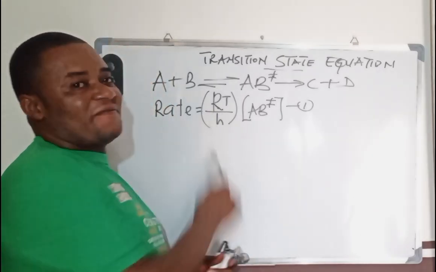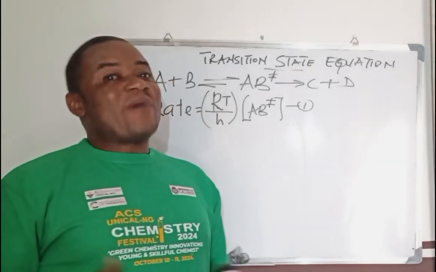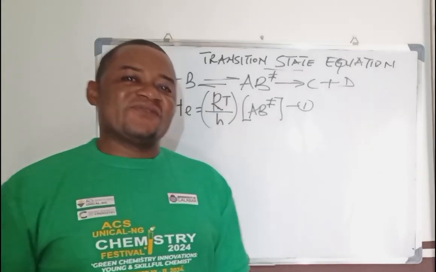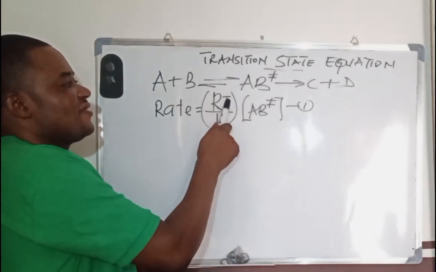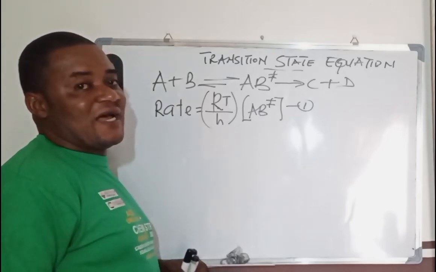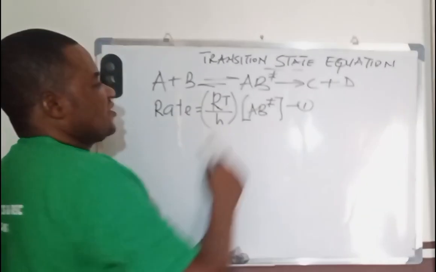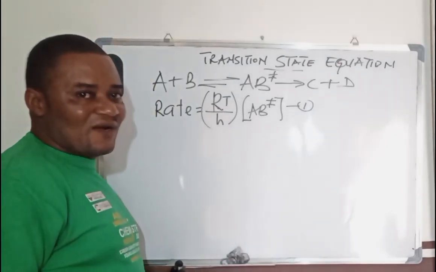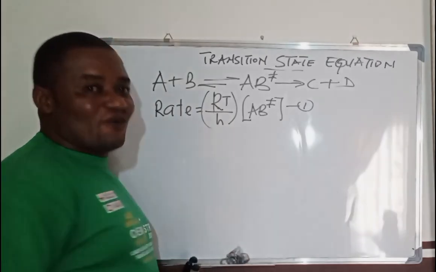The pre-exponential factor simply explains the extent or the frequency by which the reactant molecules collide for a reaction to take place. So we will bring it in as a constant. This is the Boltzmann constant, this is the absolute temperature, and this is the Planck constant. They are constants and they have their various figures attached. Now this is our transition state. Now you know why I had said earlier that the transition state plays a role in the calculation of the rate constant.